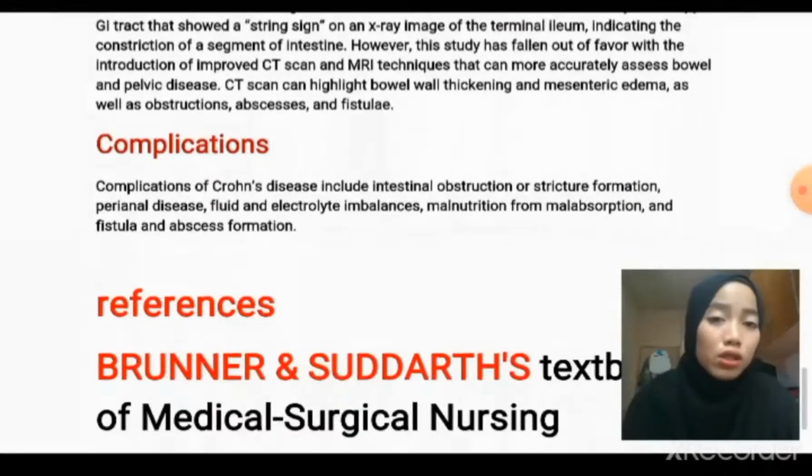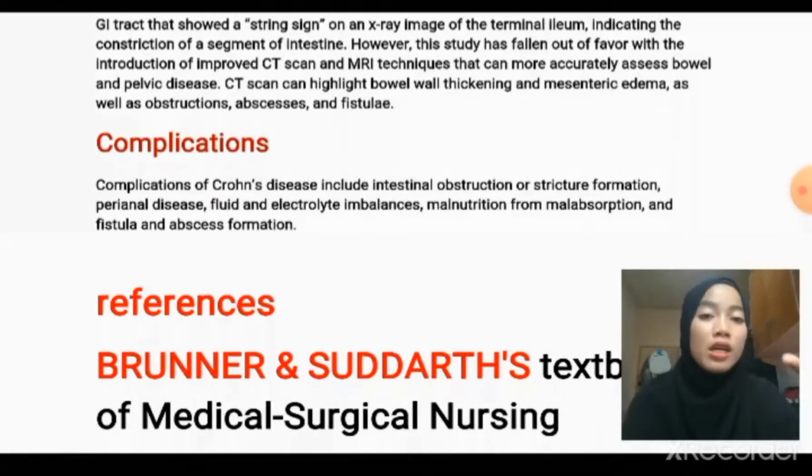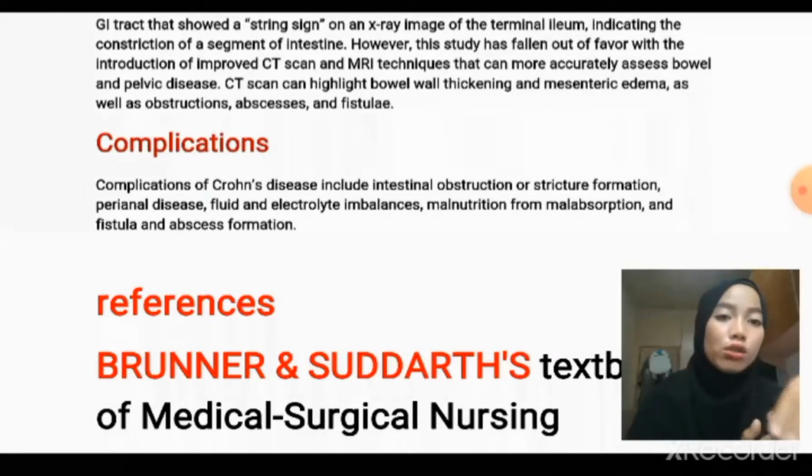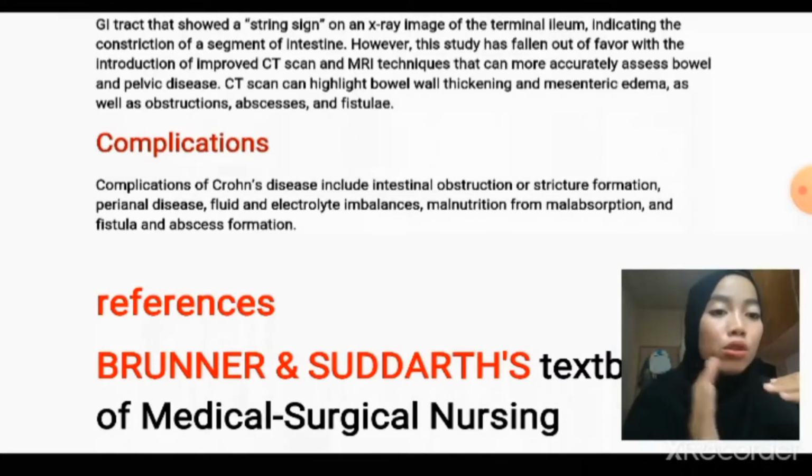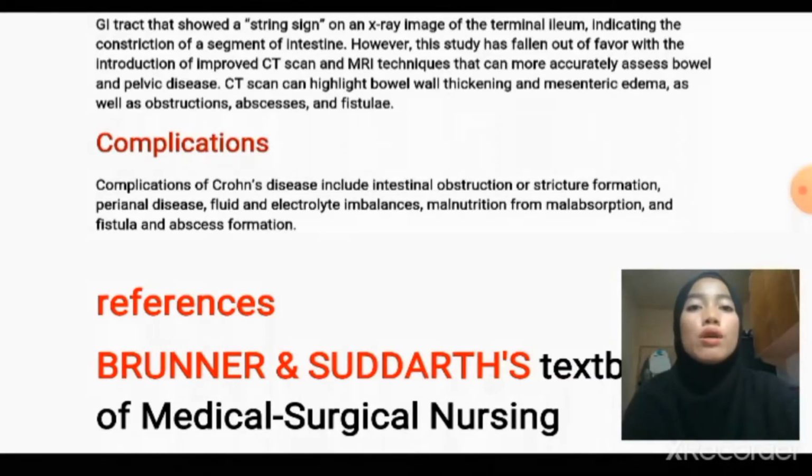So the complications of Crohn's disease include intestinal obstruction or stricture formation, perianal disease, fluid and electrolyte imbalances, malnutrition from malabsorption, and fistula and abscess formation. Obstruction, the most common complication of Crohn's disease, may arise from swelling and the formation of scar tissue.